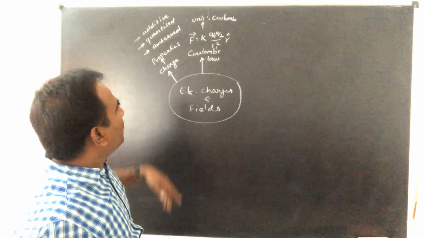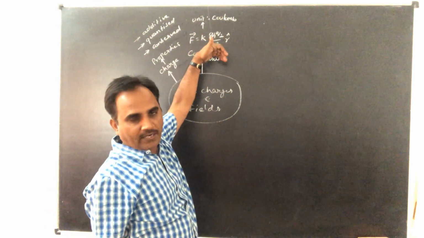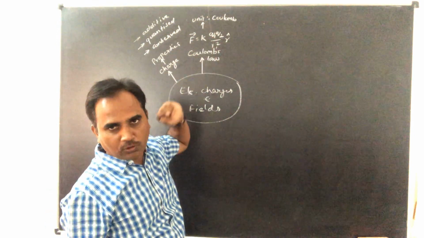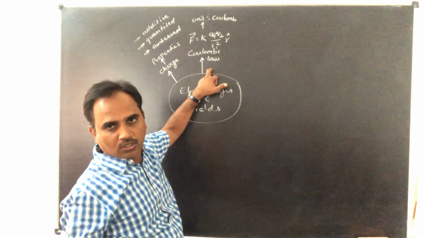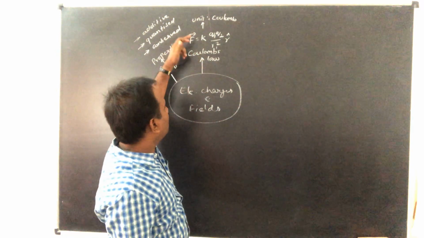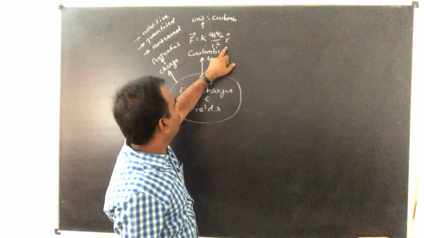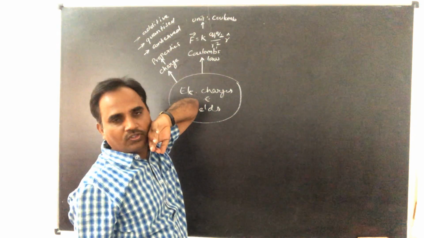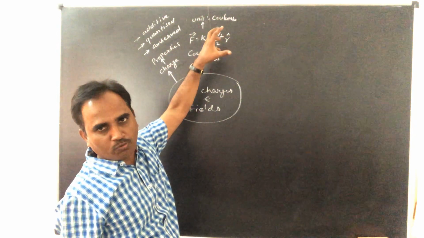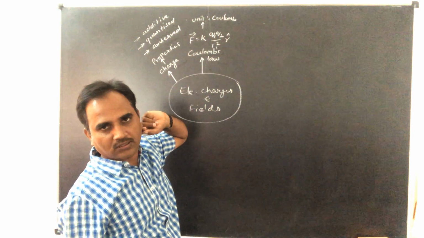Next, you studied about the principle of superposition here. To explain force between multiple charges, you studied about principle of superposition. So regarding Coulomb's law, you just remember the magnitude of force, direction of force, unit of charge, and then this principle of superposition, which is to be applied to find the force between multiple charges.